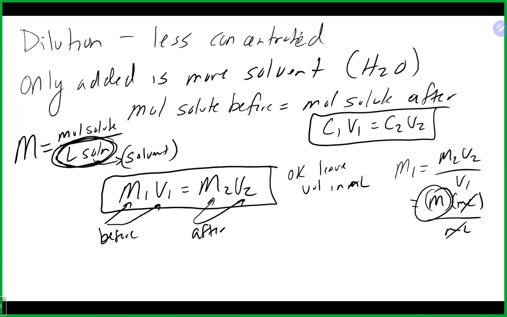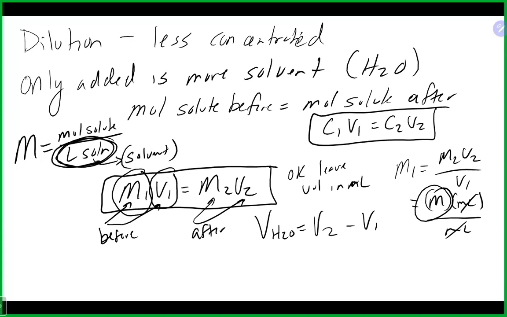Also very common with dilutions is the question of how much solvent or water you need to add. Typically, if you need to know the volume of water needed to make the solution, that's usually a V2 minus V1 type of calculation. The M1 here is your more concentrated solution.